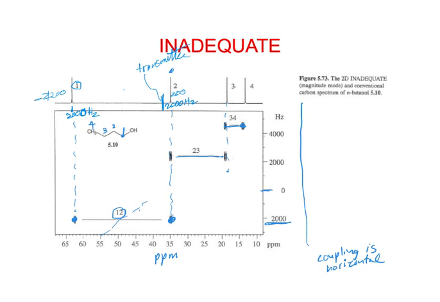If this was negative 2200 and this was positive 200, we'd sum those and get negative 2000. Then the coupling between 2 and 3, this is at 2000 as well, so this would be like 1800 here, and 1800 and 200 would be about 2000.